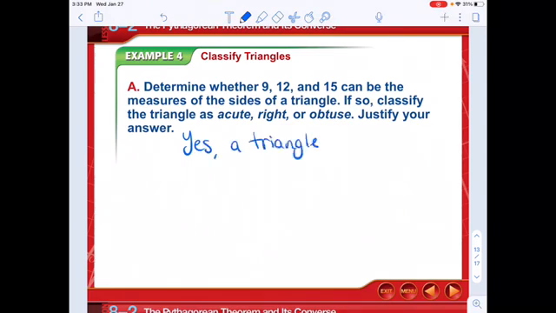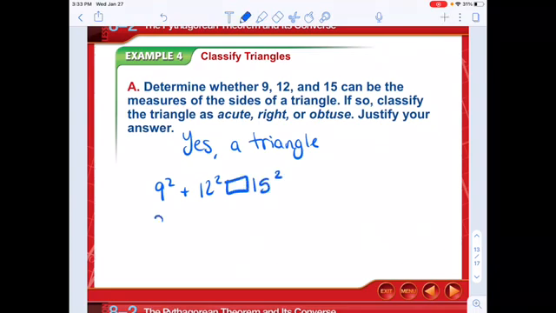Now we need to check if it is acute, right, or obtuse. So we set up the Pythagorean theorem. I guess I should put a box here because we're trying to fill in that. What is it?